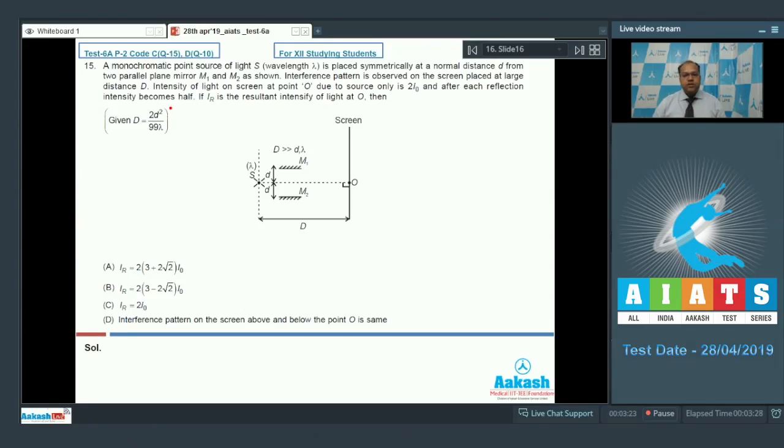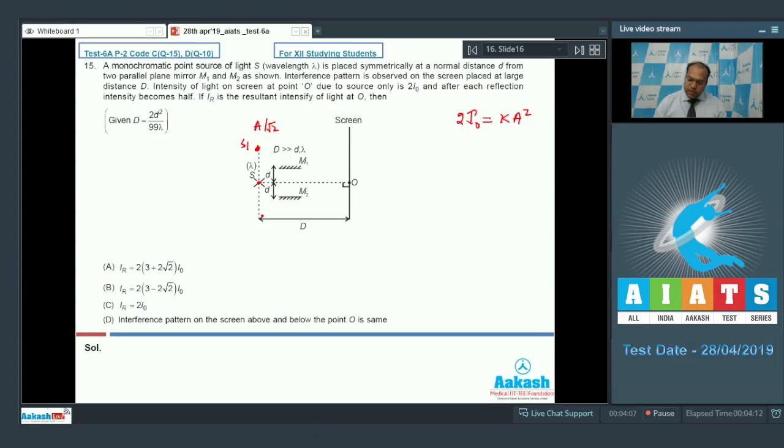So in the given question, the intensity of light due to source at point O is 2I0. So in that case, if I consider the amplitude of this source as A, then we can say that 2I0 is equal to K times A square. Since the intensity after reflection becomes half, the intensity of the source at this point is I0 and its amplitude can be taken as A by root 2.